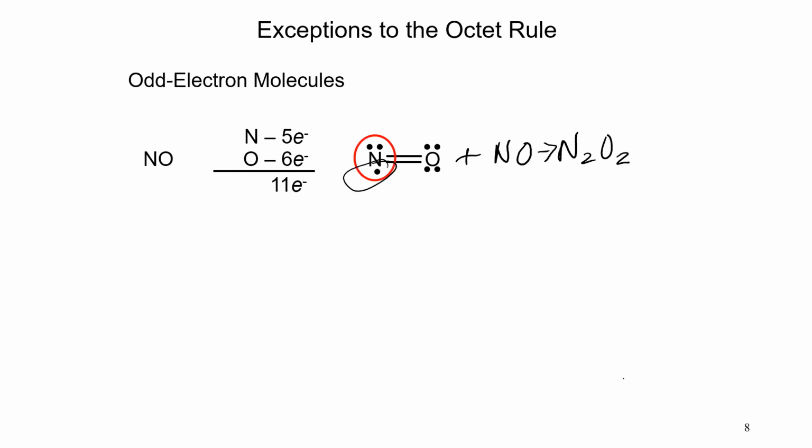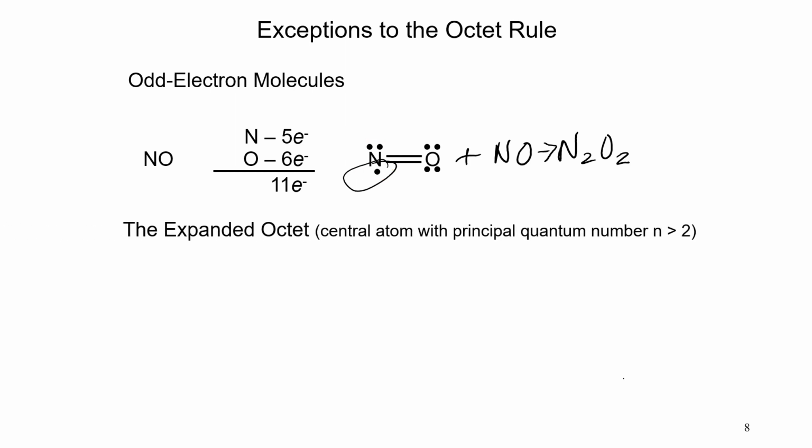Moving forward, the expanded octet. So once we hit n equals 3 on the periodic table, we introduce the d subshell.